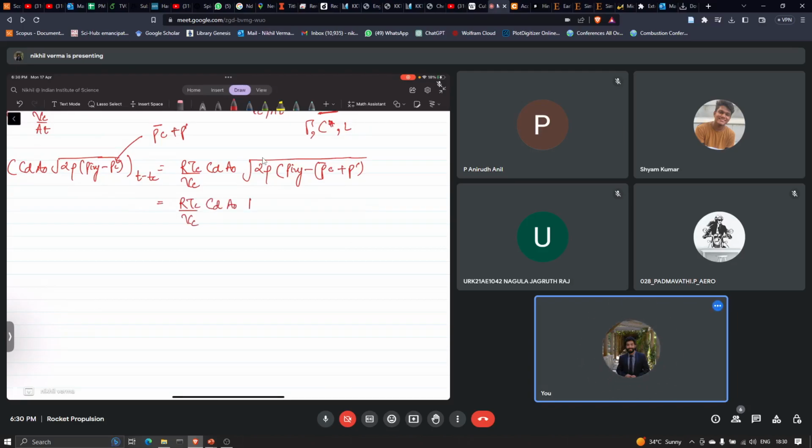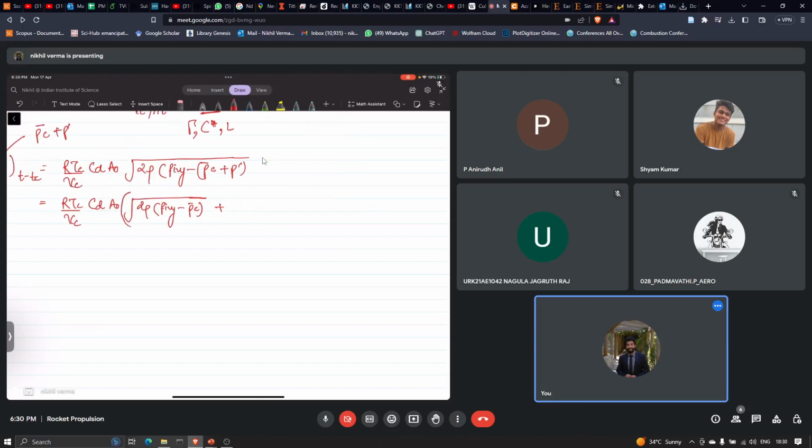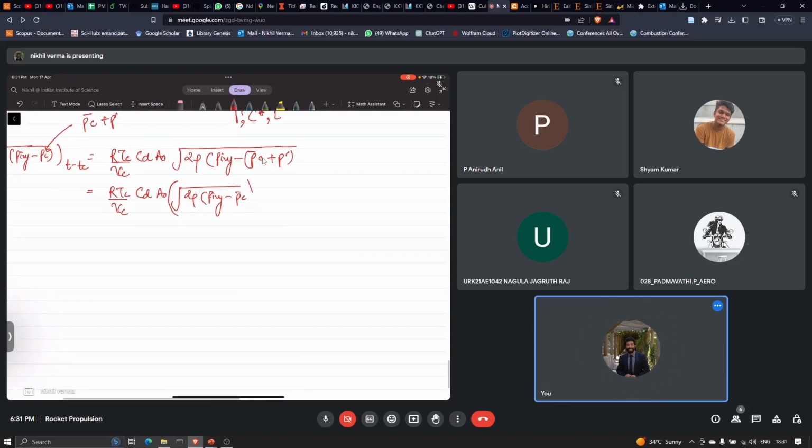This is a somewhat involved derivation. This can be written as P injection minus Pc by 2, and this was computed as T minus Tc.